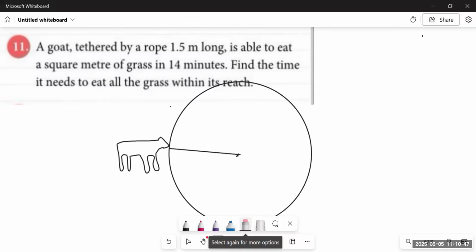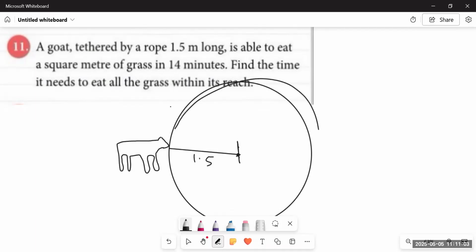Wait, students, we talked about that it will roam in a circle, not in a square. So this would be 1.5 meters from the center of the pole, right? If this is the pole, and since it is 1.5 meters, wherever it will roam is on this circumference. So we have to find out the area of this circle, right?